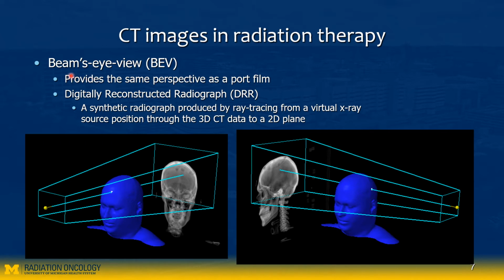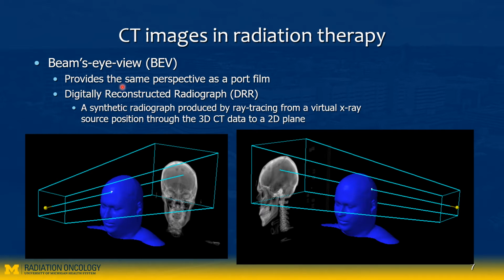Let's talk about beam's eye view that is generated from the three-dimensional CT. If you have three-dimensional information of the patient, you can create this beam's eye view two-dimensional image. We call this a digitally reconstructed radiograph.